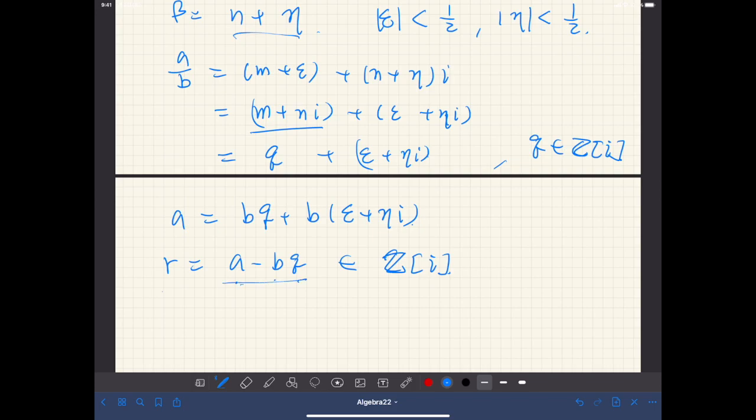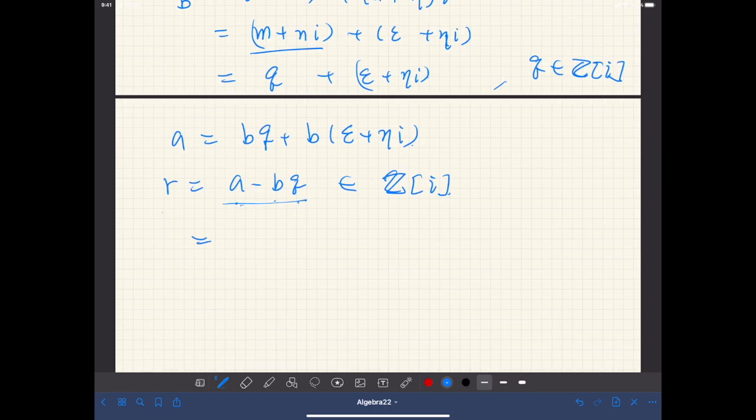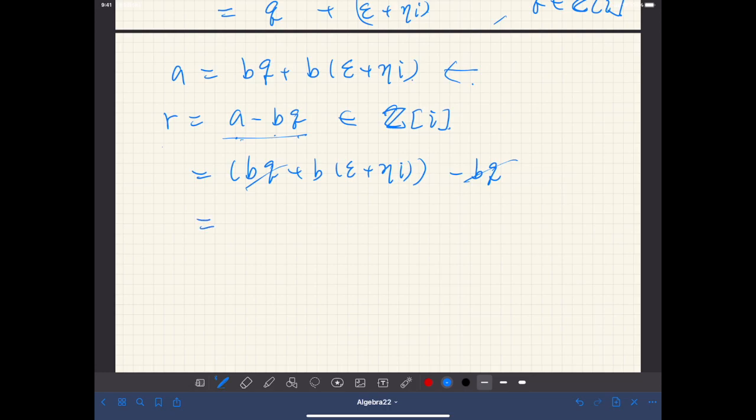Therefore, this results in a Gaussian integer. And now, using this expression, we have BQ plus B times epsilon plus eta i, minus BQ. So BQ cancels, and we have B times epsilon plus eta i.